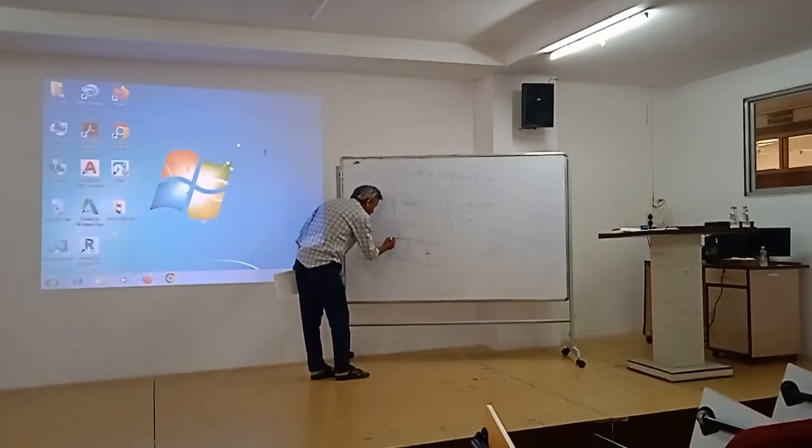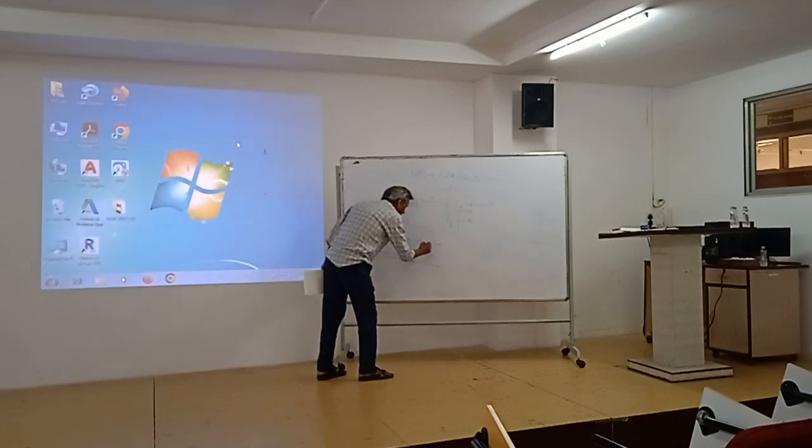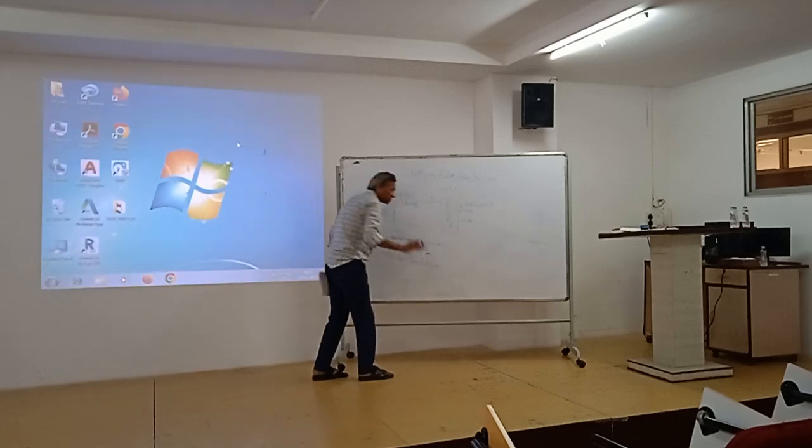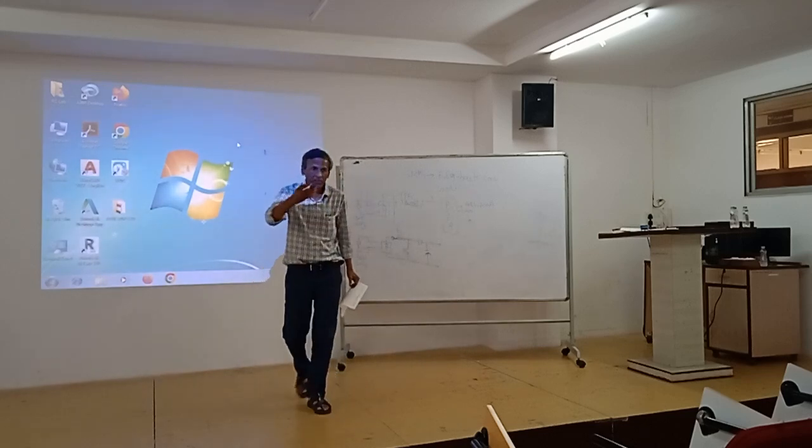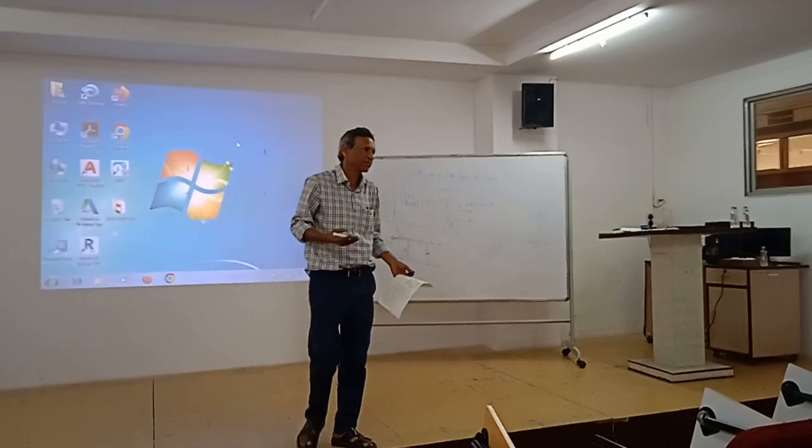And then you have to sense this current. So I am drawing this. You have to sense the current, and you have to sense the voltage. Then that will come to the sensor. How do you sense?